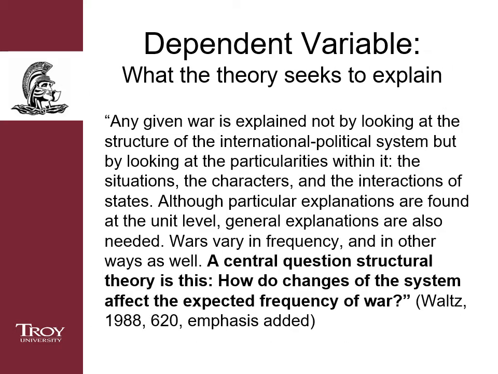He eventually gets to talking about the dependent variable, the thing he wants to explain, right? And he says, look, any given war is explained not by looking at the structure of the international political system, but by the particularities in it, the situations, characters, and so on, right? And he says, although particular explanations at the unit level exist, general explanations are also needed.